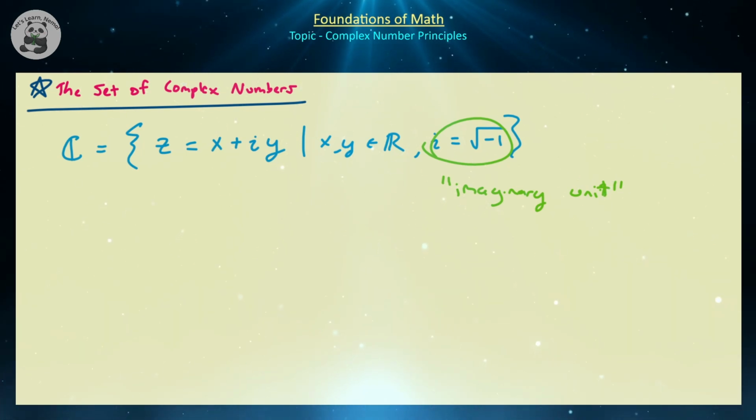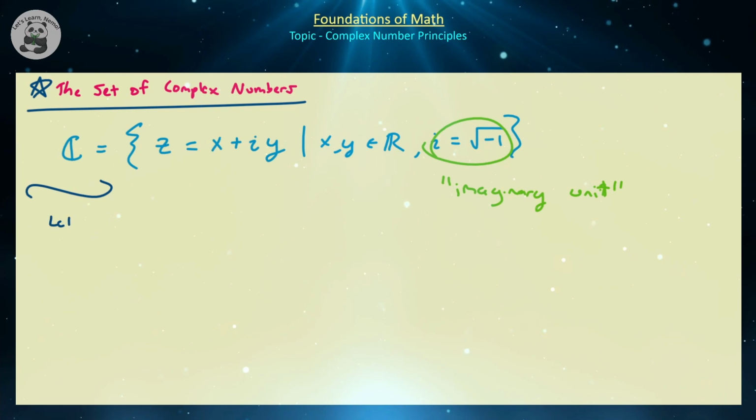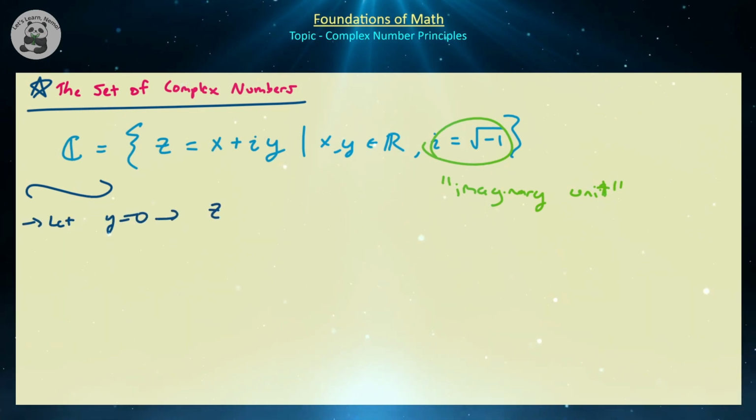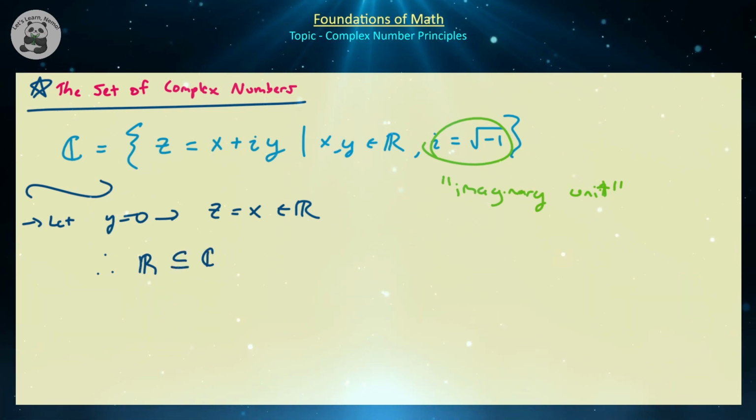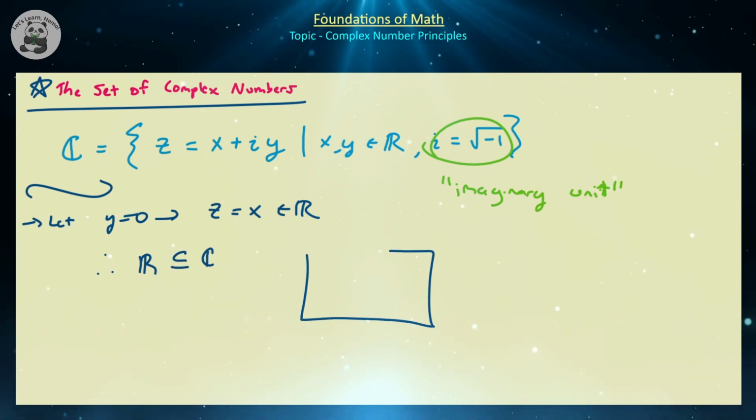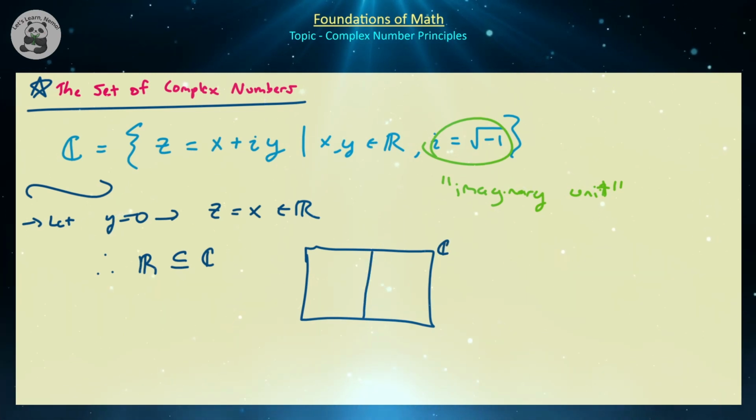So it's very easy to see that if we let, for example, y be equal to 0, then z is just going to be equal to x, and x is just a real number. So it's very easy to see that the set of real numbers is a subset of the set of complex numbers. You can view the set of complex numbers as the set containing, for example, R and iR.